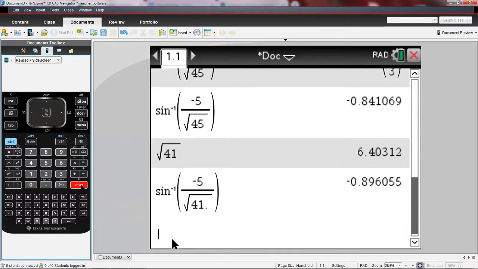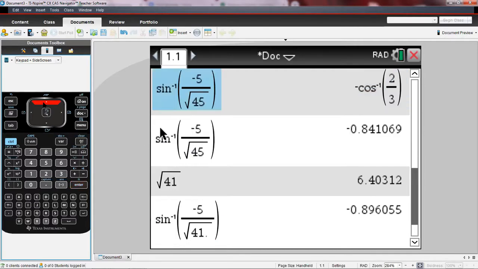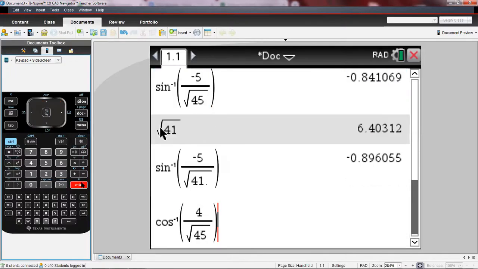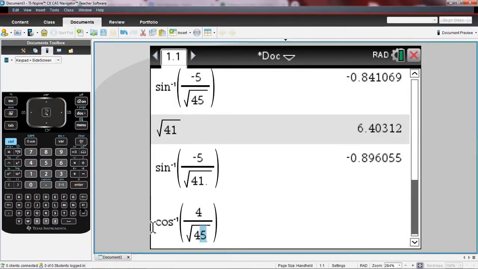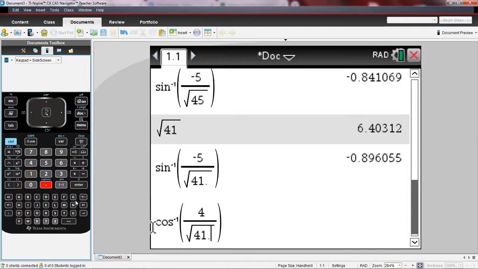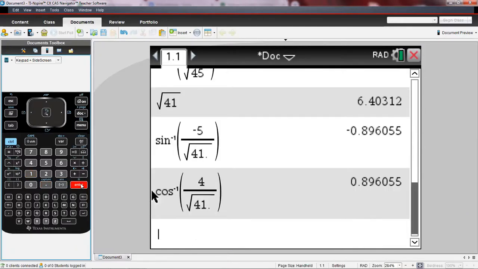and I get 0.896, okay. 0.896, and let me see now the cosine. Let me just try to get the cosine back, right here, cosine, enter, let me just 41, and then press enter, and you see it's exactly the same number but positive.